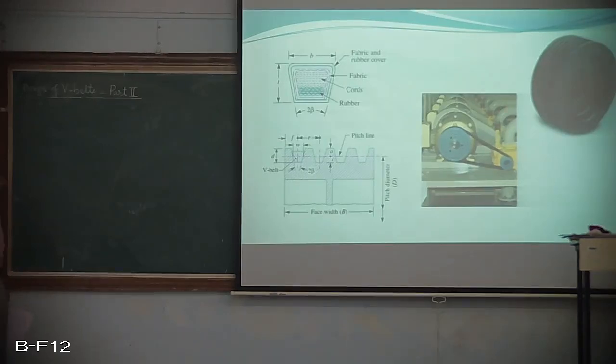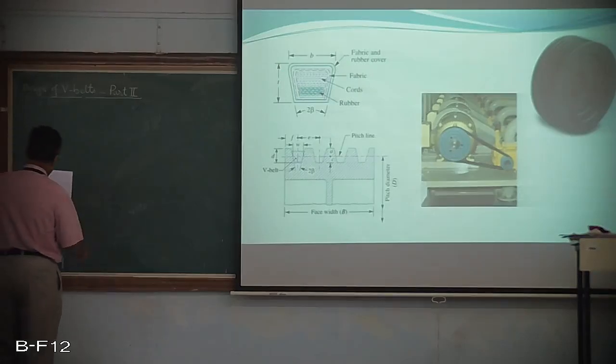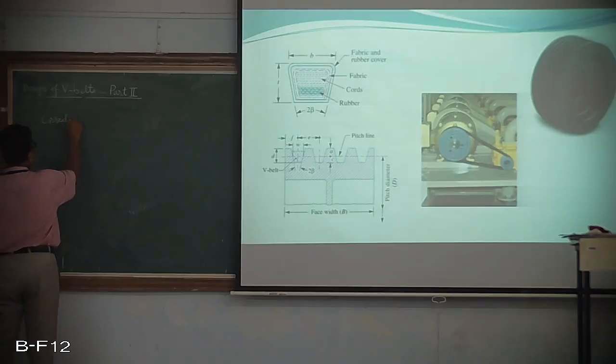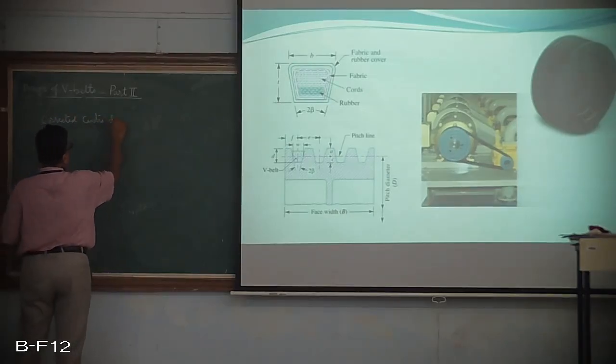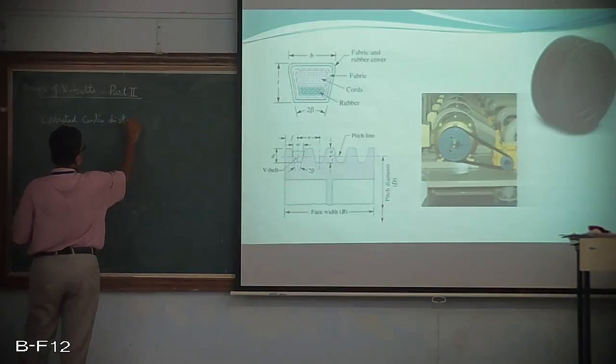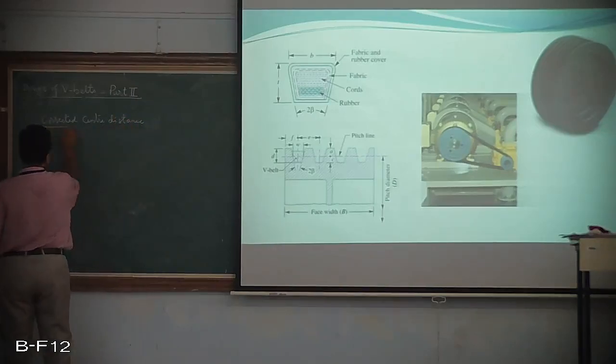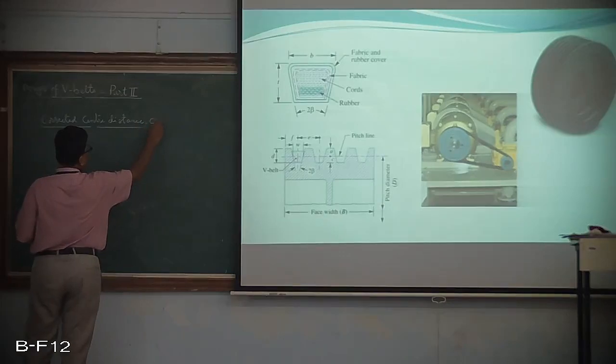When we refer to the catalog and make it a standard length, the diameters remain the same and the center distance gets adjusted. Yesterday I told you that by using a quadratic equation, I can find the roots and hence the corrected center distance.